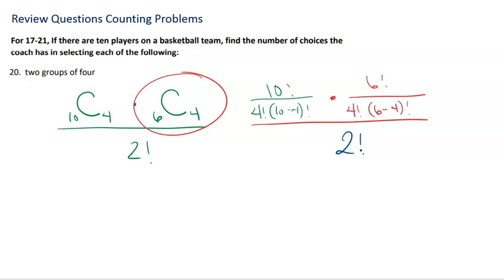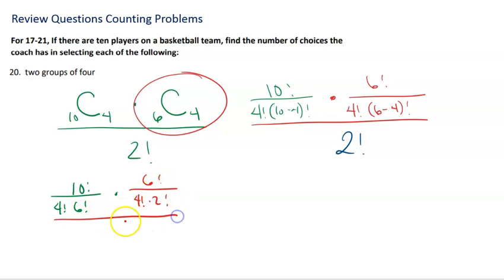Now, if I continue on with the process of simplifying, then I have 10 factorial divided by 4 factorial times 10 minus 4, which is 6 factorial, and then times 6 factorial over 4 factorial times 2 factorial, and that's all still divided by 2 factorial. Now I'm going to write 10 factorial all the way down until it matches the biggest one in the denominator.